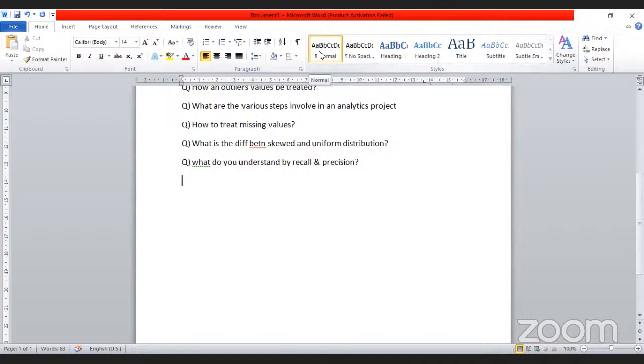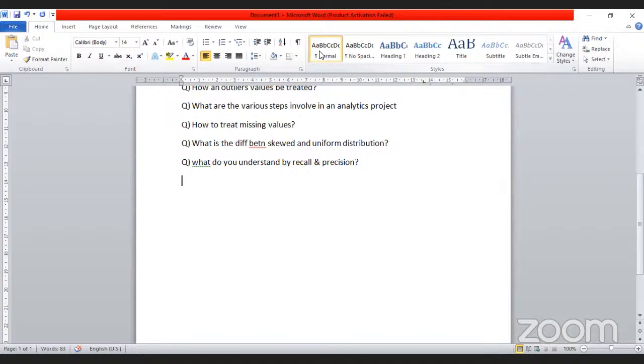Okay, so the answer could be like, recall is a measure of all the actual true samples. Out of all the actual true samples, how many did we classify as true?